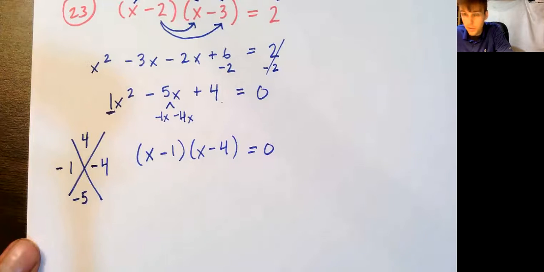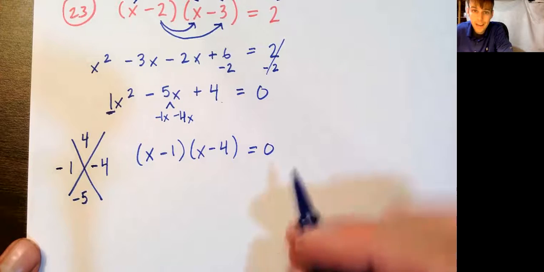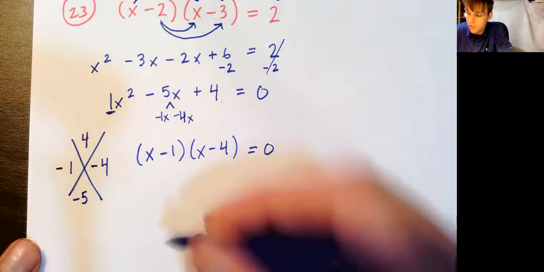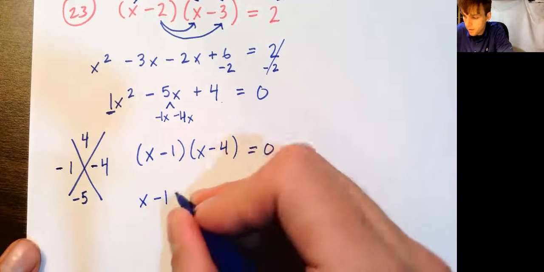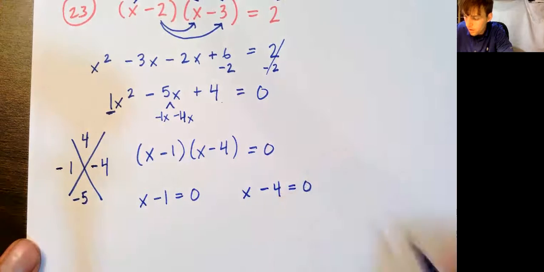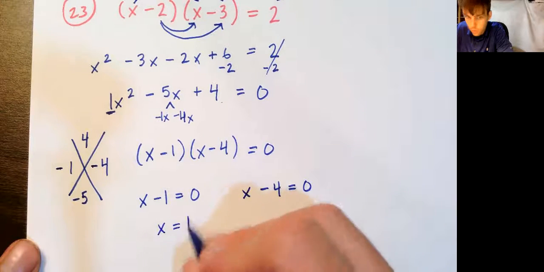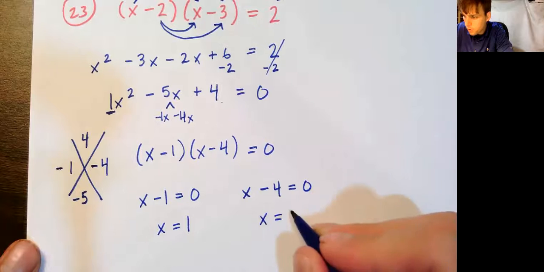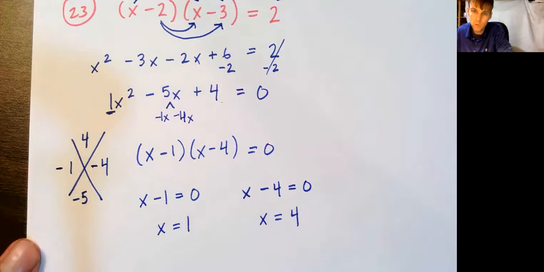If that's a 2, a 3, a 4, any number other than 1, I have to do something else to factor this. Okay, and then finish it off. Zero product property, write our 2 equations, and I get x equals 1, x equals 4, 2 solutions. Cool, hopefully that was helpful, and see you in the next video.